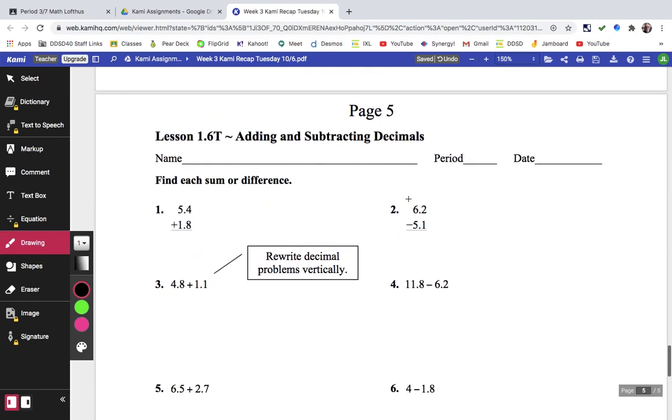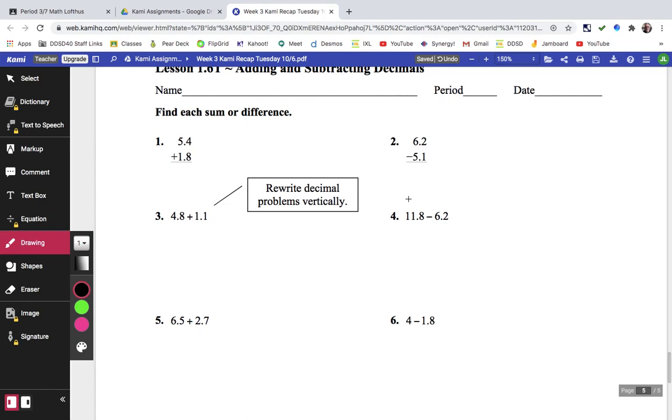We chose a few more of these problems. I'm going to be filling in the rest tomorrow, but I'll do a few more of these. These are lined up for me. These are not lined up, so I have to line these up.